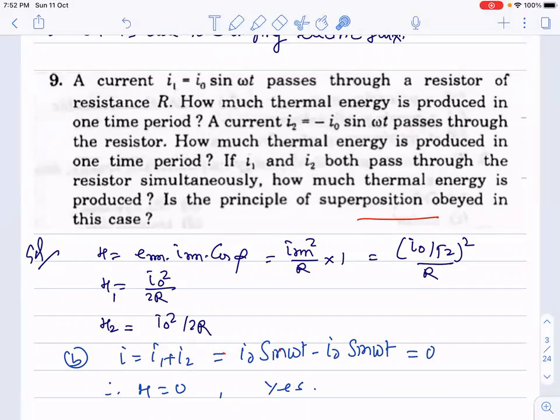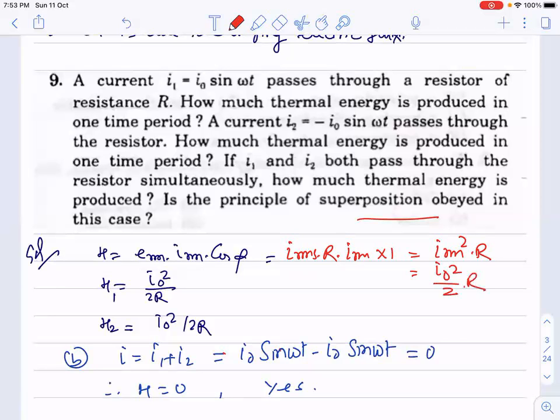If V is changed, then using Ohm's law in terms of R, V is equal to IR, so this is IRMS into R into IRMS into 1. So this becomes IRMS square into R, which can be written as I naught square by 2 into R.